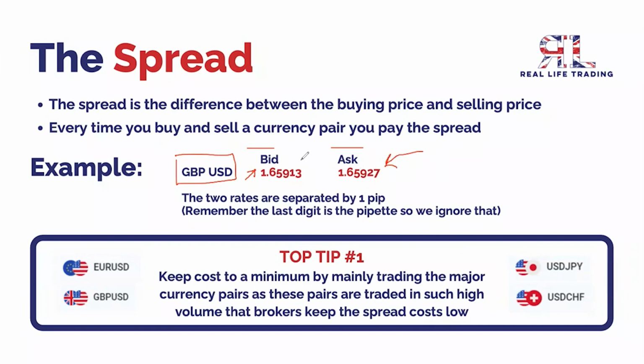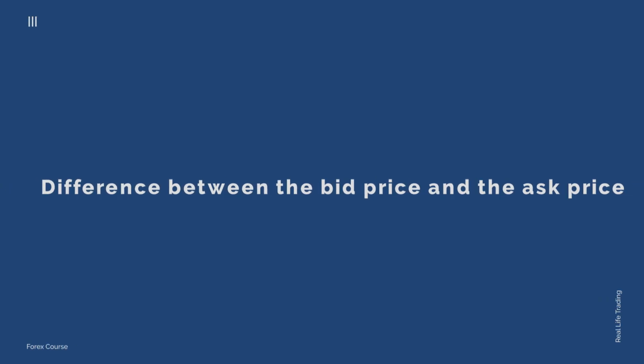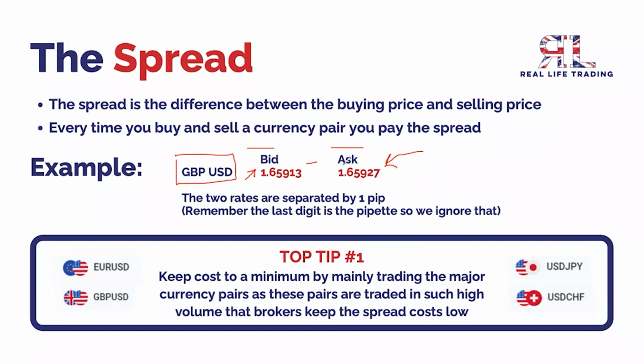So the spread is the difference between the bid price and the ask price, so minus them both. On this occasion, remember that we're ignoring these last digits at the end because they're the pipettes. We're only focusing on the fourth decimal place. So in this situation, the two rates are separated by 1 pip.